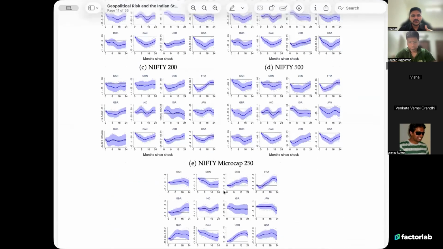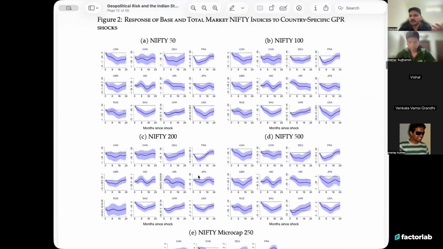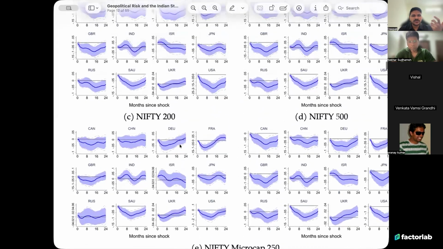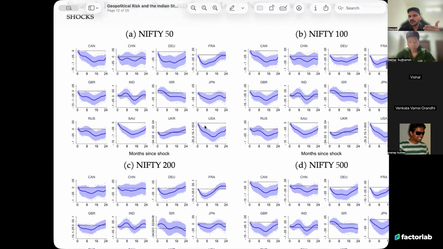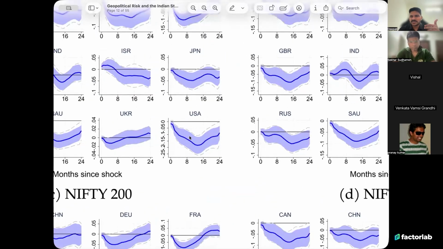There are also charts showing how each of these indices is impacted depending on the country involved in the war. If you see when the US is involved in the war, you see Nifty 50 dropping down. You can see the chart.